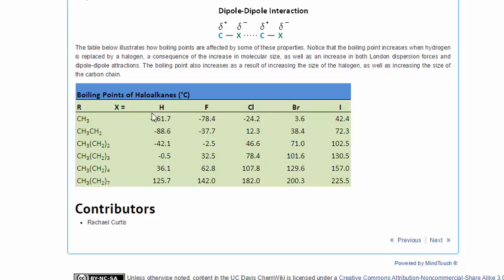Now look what a difference it makes if we just change that hydrogen to a fluorine. You see, it's almost half of that. So this one, the fluorine, now again, fluorine is a very small molecule. So there's not a lot of induced dipole forces happening because of its size.